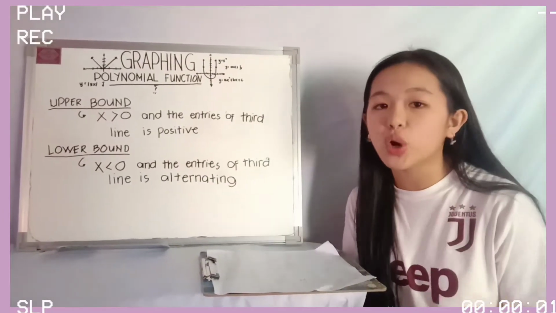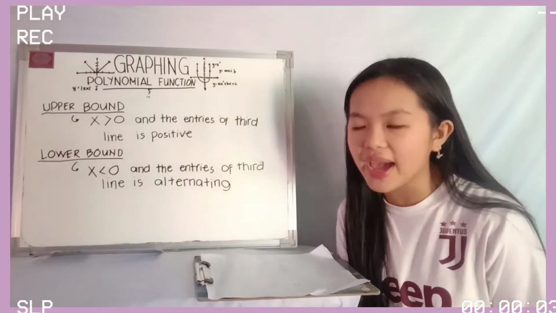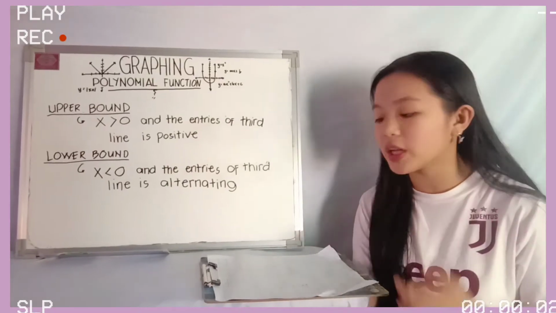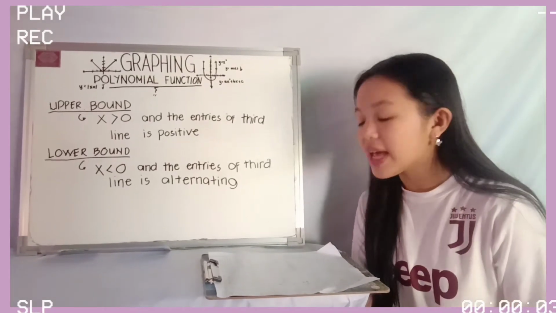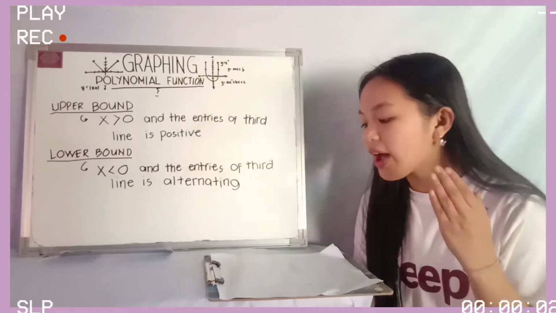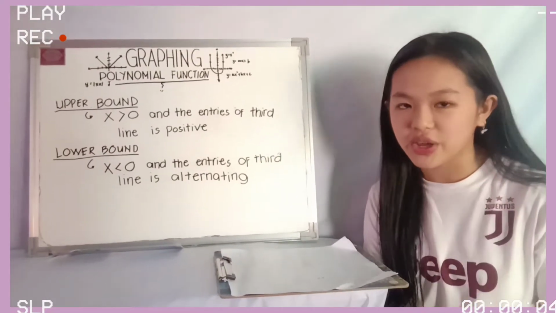It is very important to know how to identify the upper bound and the lower bound, because this will help in creating the table of values. The table of values will give coordinates that will help us sketch the graph easier.